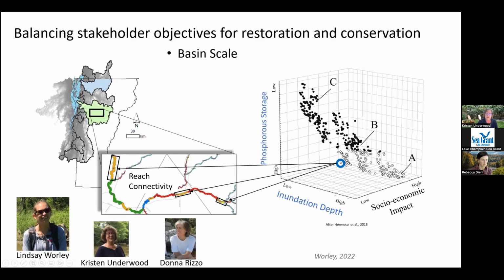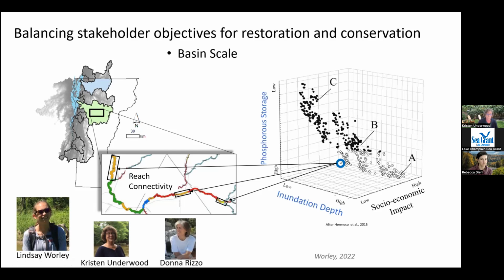A suite of projects that's located about where letter A is pointing to would be one that was very effective in terms of storing floodwaters and storing phosphorus in the floodplains, but might have an associated high socioeconomic impact, meaning that we may be using floodplains that were also valued for other purposes like development or agriculture.